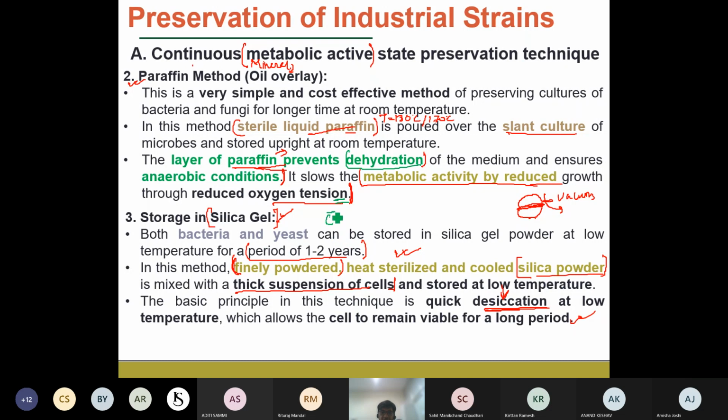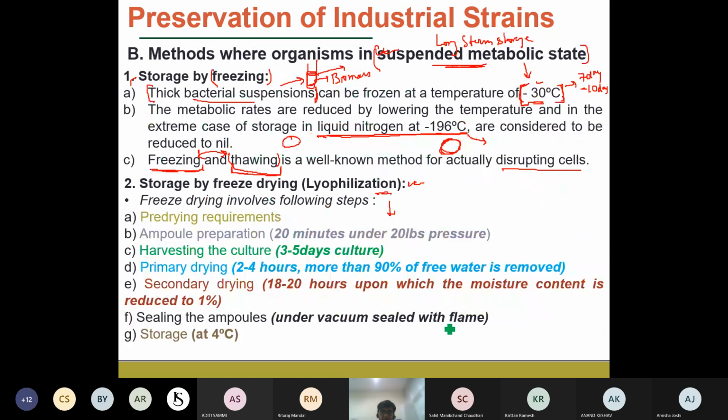Similarly, when we have growth media containing a high concentration of cells, we add finely powdered, sterilized, and cooled silica powder and then store it at a low temperature. It has the properties of a desiccant, so the cells remain viable for a long period of time.